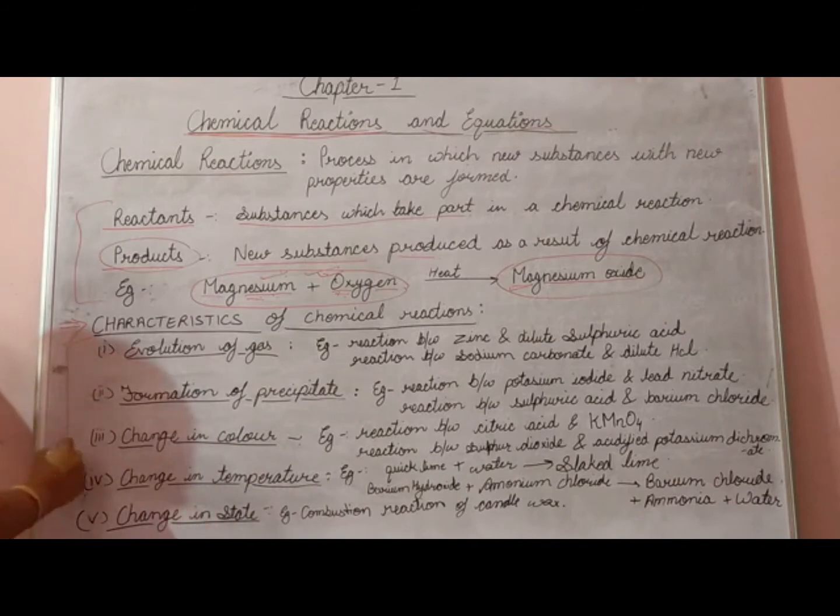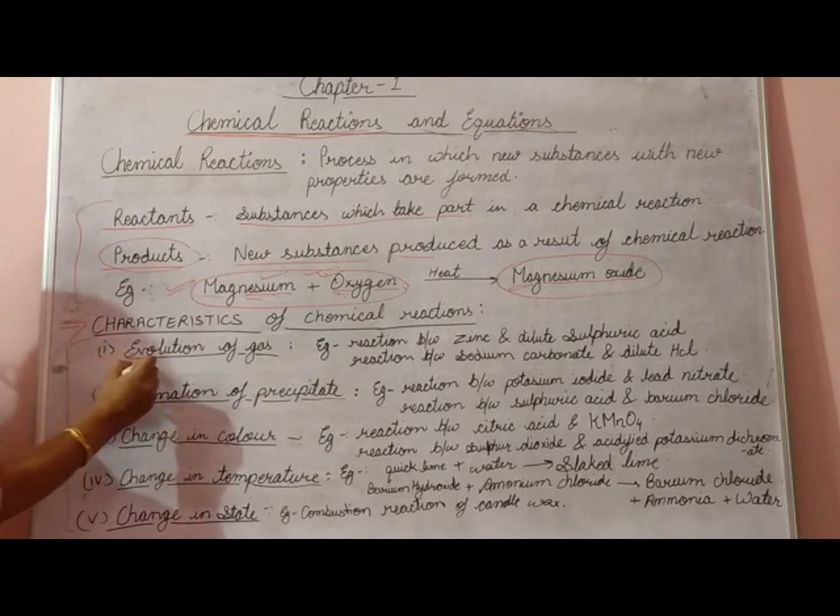For that we have some characteristics of chemical reactions, with the help of which we can tell. It may happen that only one characteristic is observed during a chemical reaction, or it may be possible that more than one characteristic is observed. So, let's study the different characteristics of a chemical reaction.